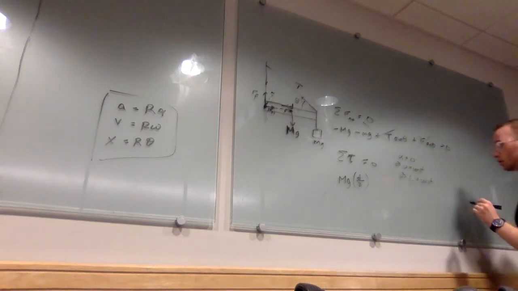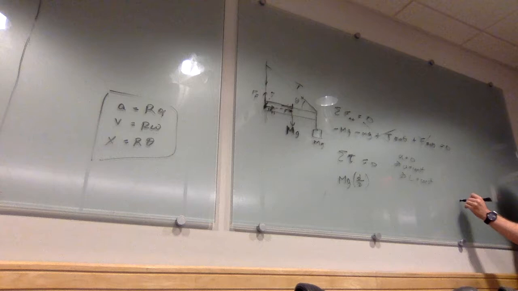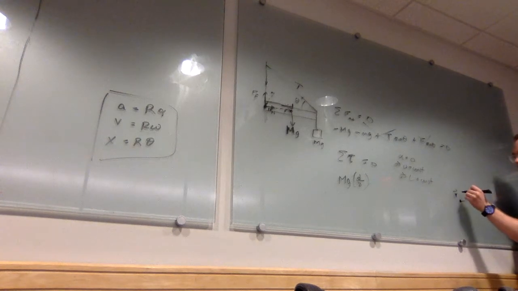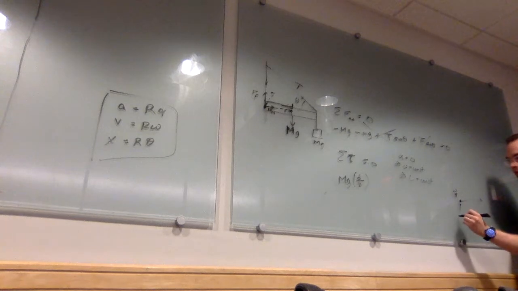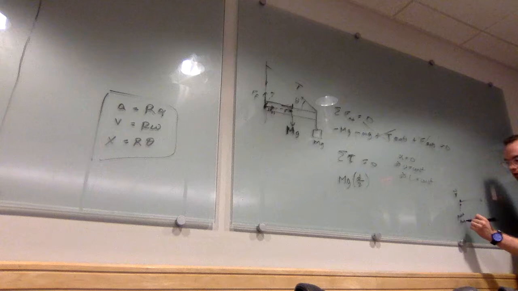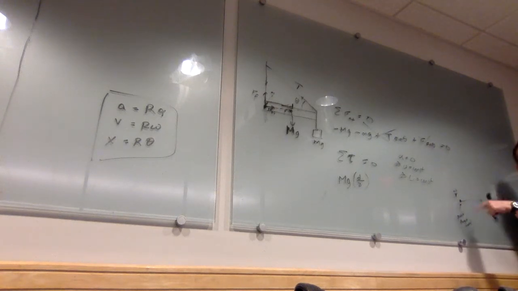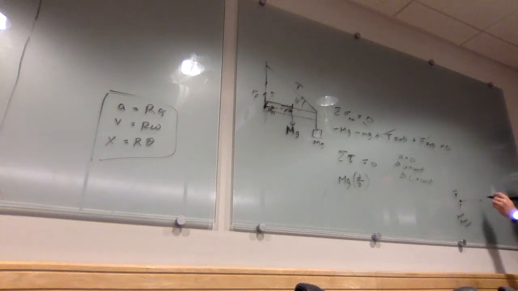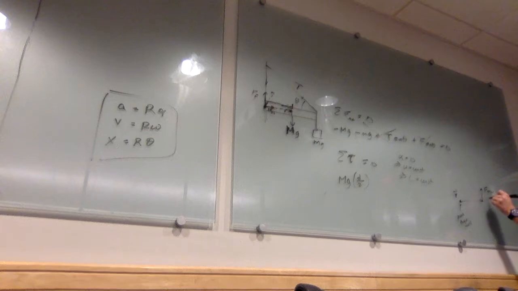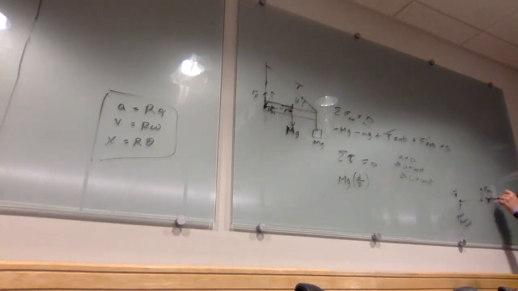No, R is a vector from the point that you're considering the torque around. You can pick that wherever you want. And this endpoint is the point where the force is applied. Okay? So it doesn't necessarily have anything to do with the center of mass.